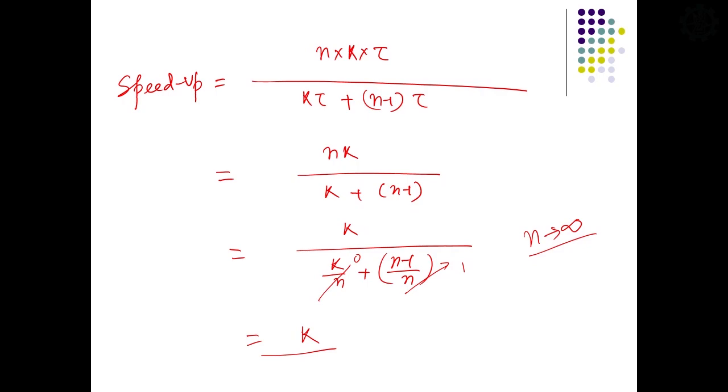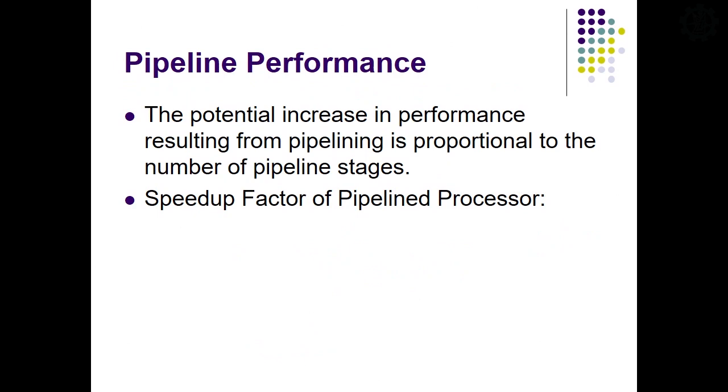So, if you go back here, there was something written. This is pipelining performance: the potential increase in performance resulting from pipeline is proportional to the number of pipeline stages. So, the speed up factor will be k, but there are different assumptions.